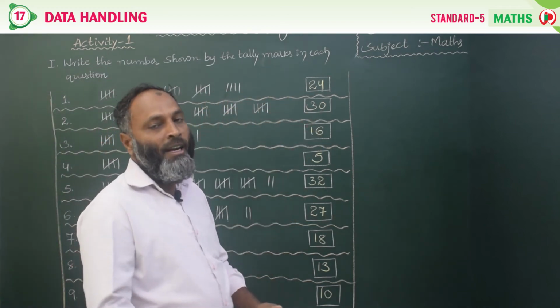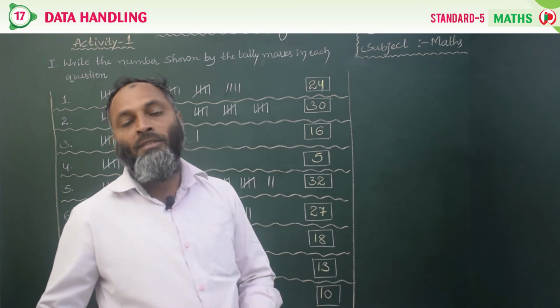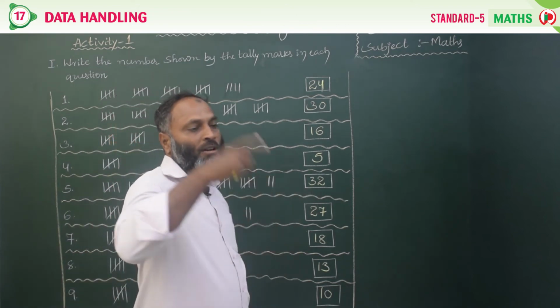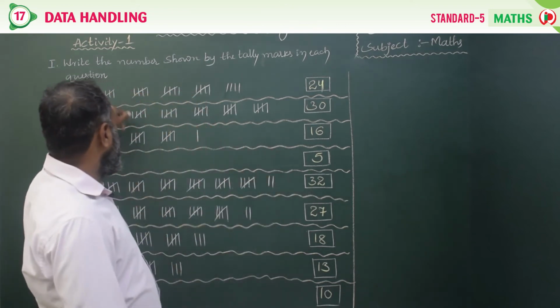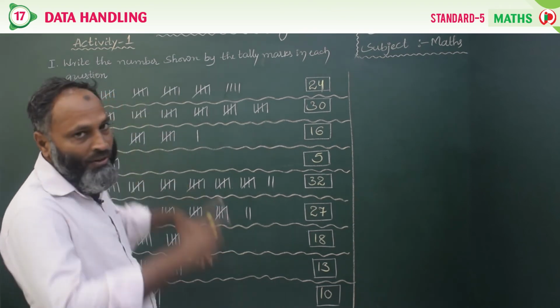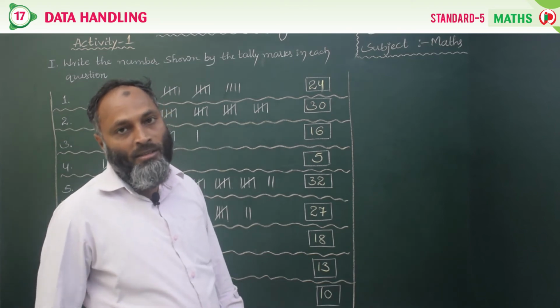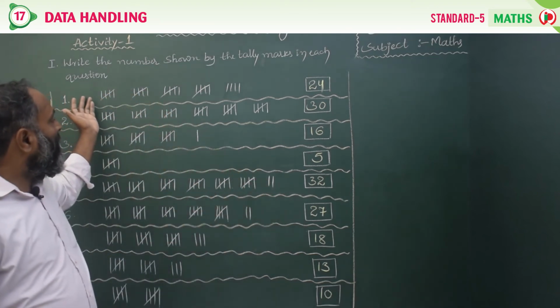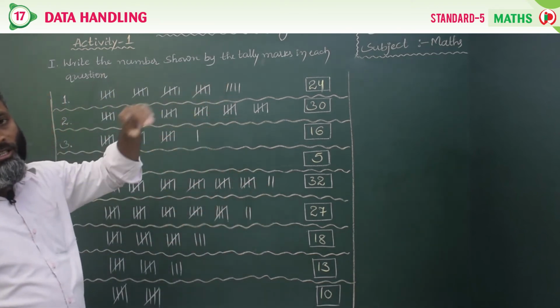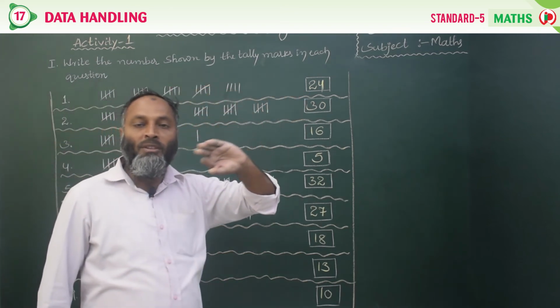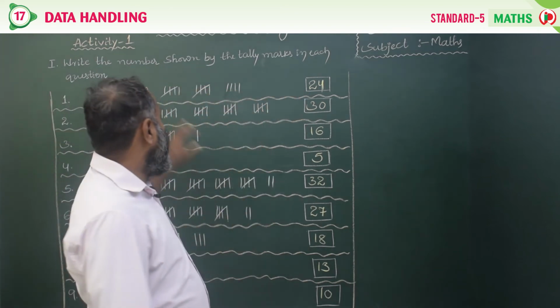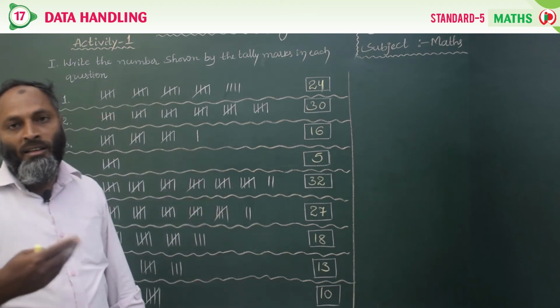Whenever tally marks are given, it is very easy to say the total, and there is no need to count all the lines one by one. If we count all 24 lines one by one, sometimes in counting we will miss one line. If we make groups, we will get the number of observations accurately.